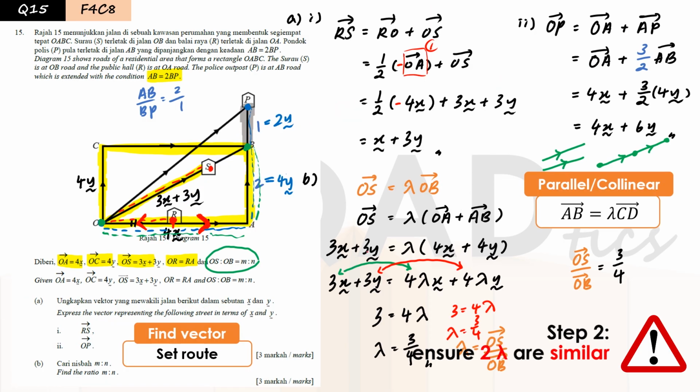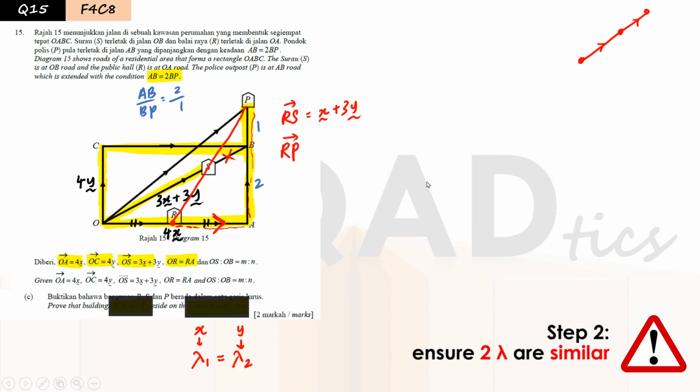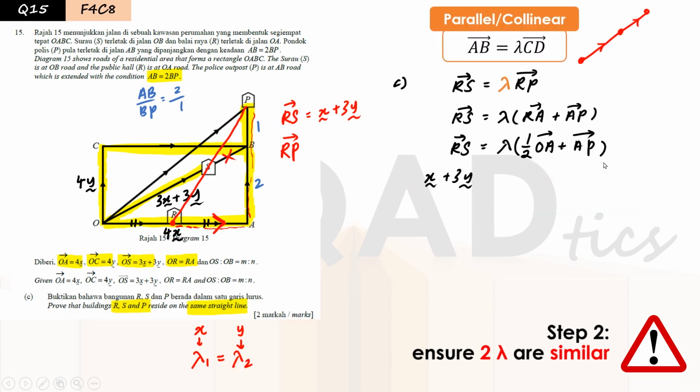Part A2, just now for AP, we have already found the value, which is 6y. So that's why here we can just change it to 6y. So we multiply the lambda value inside. Now let's compare the values with vector x and with vector y.